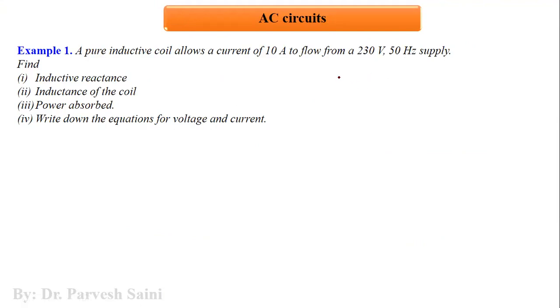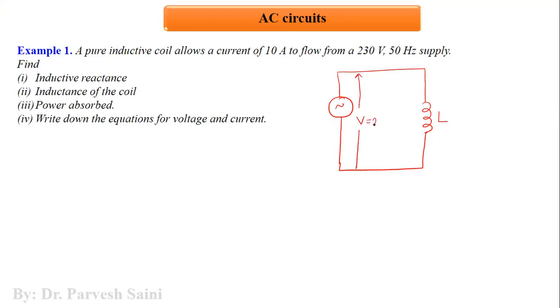So we have an AC source with a voltage of 230 volt, and an inductor of some inductance L, which is not known to us, is connected to this voltage source. The RMS value V is 230 volt, the current is 10 ampere, and this is a 50 hertz AC source.